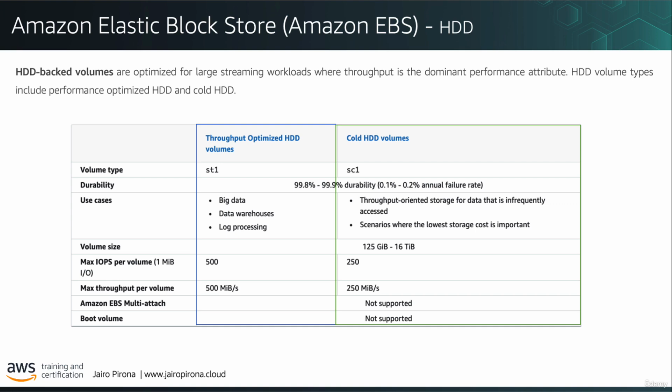For example, you could use an SC1 volume for a file server where data is accessed infrequently, but you need low-cost storage. In short, if you need high performance to transfer large amounts of data at a time, choose ST1. If you need a cost-effective option for storing data that is accessed infrequently, choose SC1. So, these are the Amazon EBS volume types.